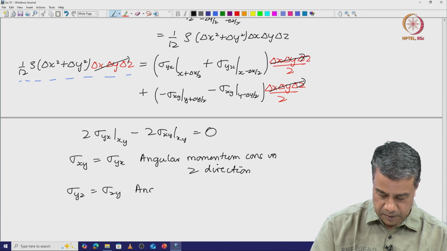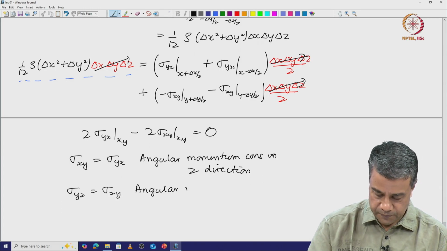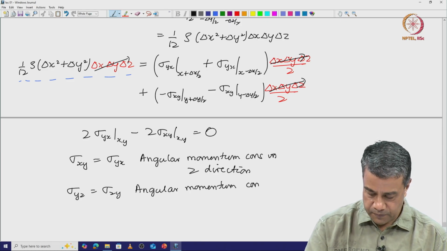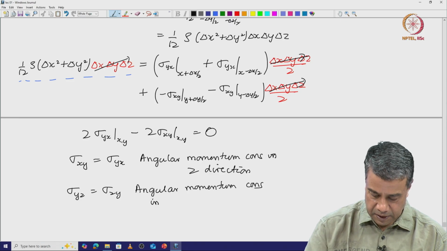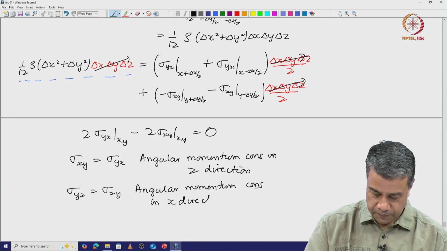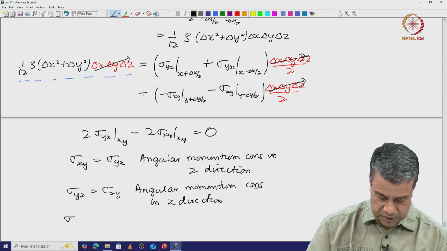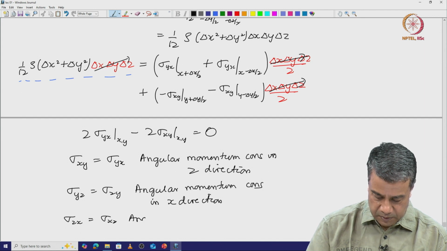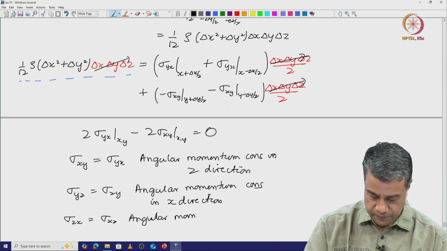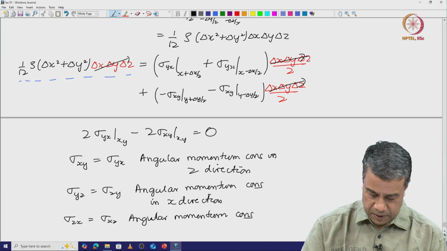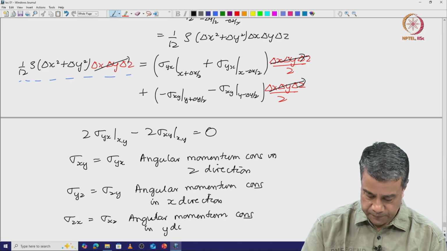This is angular momentum in x direction, and similarly sigma z x is equal to sigma x z, angular momentum in y direction.